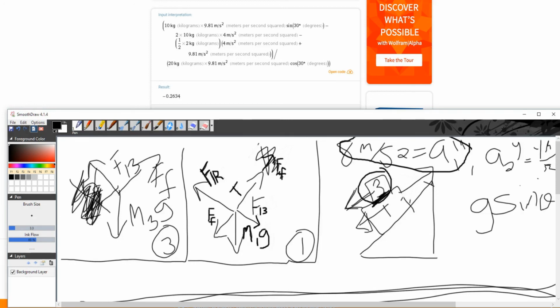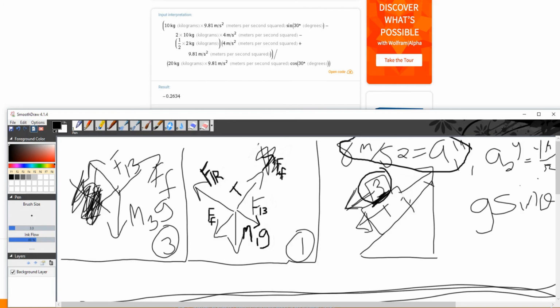The question is, the net force due to friction and tension and the parallel component of the weight force, are all those contributions perfect to keep mass 3's net force, which is just due to the weight force and the force due to friction, are they perfect to keep it accelerating at the same rate? If they are, then they're not moving relative to one another. If that combination of forces resulting in 8 meters per second squared is not perfect, then it's very likely that mass 3 will slide relative to mass 1.